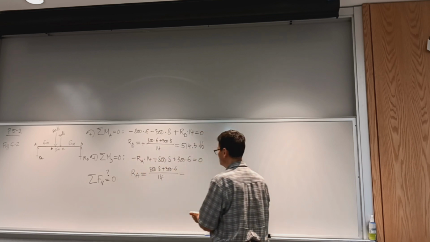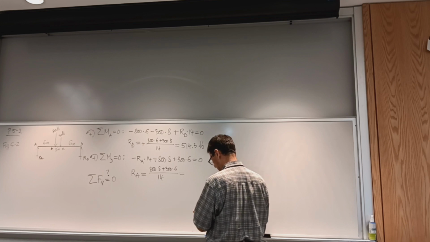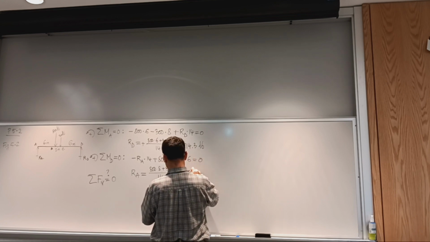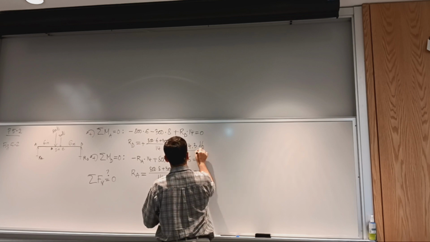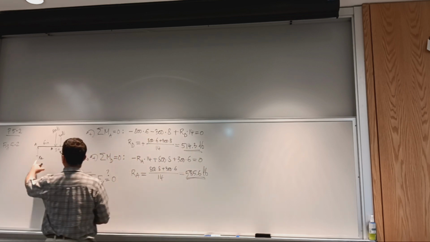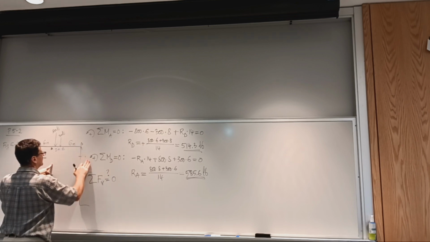So what is this equal to? 800 times 8 plus 300 times 6, over 14, equals 585.7 pounds. Okay? So let's see what we write here for the sum of forces. And it's good to have them also added to the diagram.